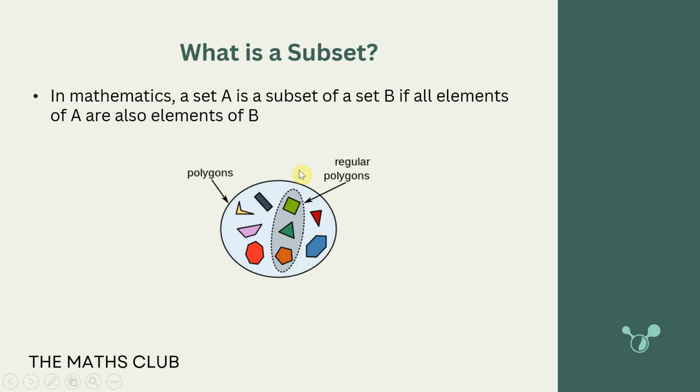Yes. So when all the elements of a set can be found in another bigger set, then we say that that smaller set is a subset of the bigger set.